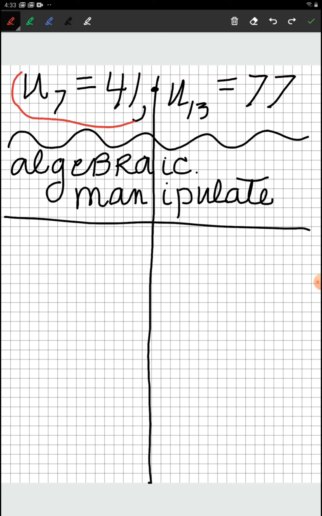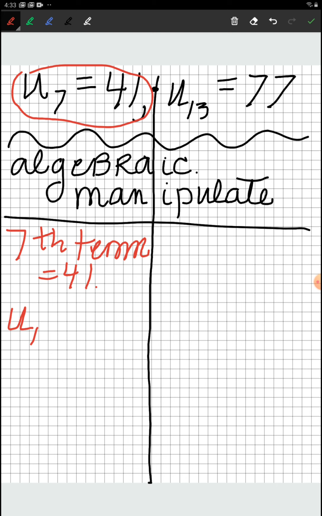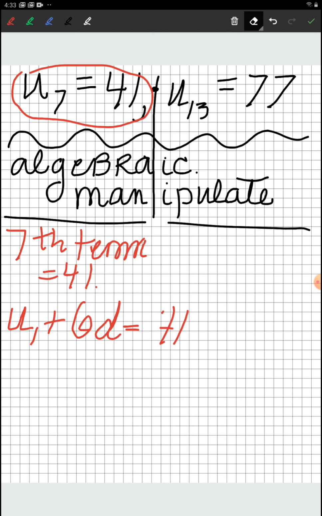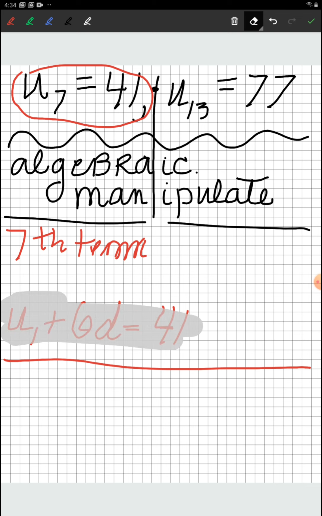So we're going to rewrite this as this. Right now it's saying the 7th term is 41, right? So now the first term plus 6 times the difference equals 41. Okay, so that's the first equation. Let me rewrite it. Let me make myself some more room.